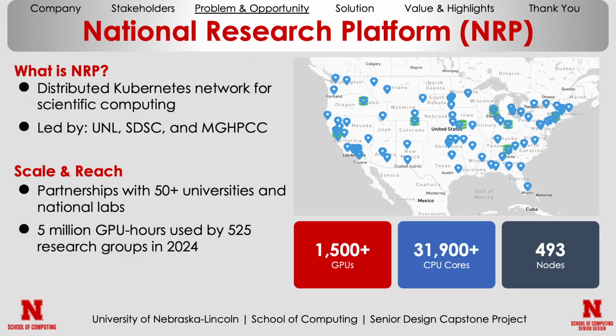What is NRP? So NRP is a distributed Kubernetes network that can be used by anyone if they request access to it. And there are over 50 universities and other national labs who contribute to this cluster and offer their resources. And the NRP sees leadership by UNL, the San Diego Supercomputer Center, and the Massachusetts Green High Performance Computing Center.